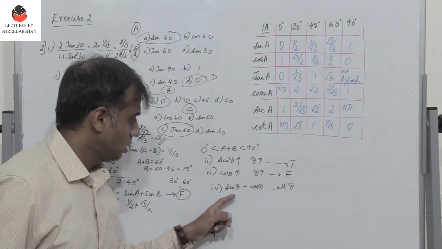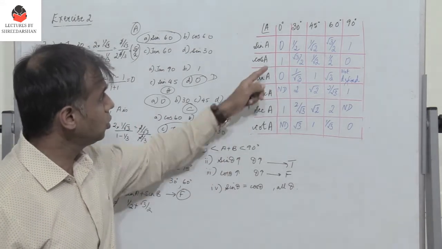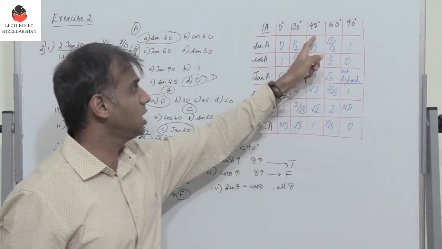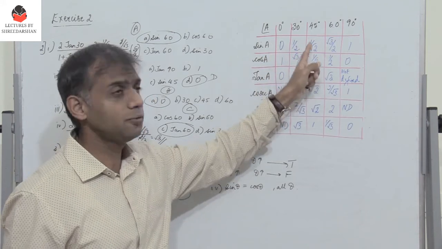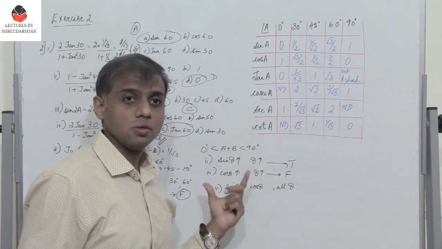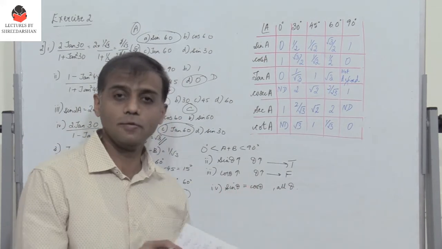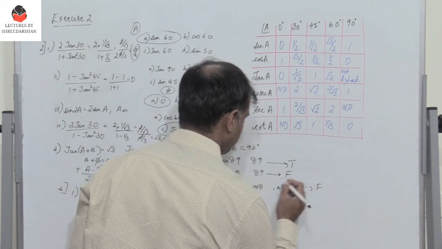That means if theta is 30, sin 30 equals cos 30. Is it true? No, sin 30 is not equal to cos 30. Here it may be equal: sin 45 is equal to cos 45, but this is only for one angle. For all the other values of theta, it is not equal. So the statement is false.